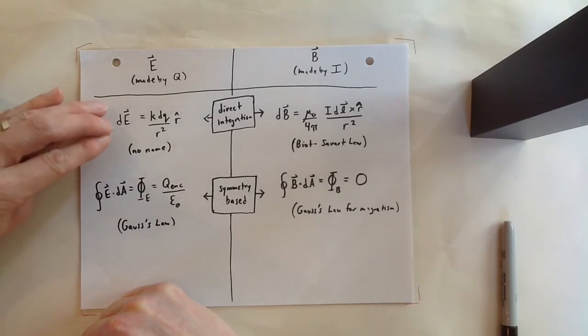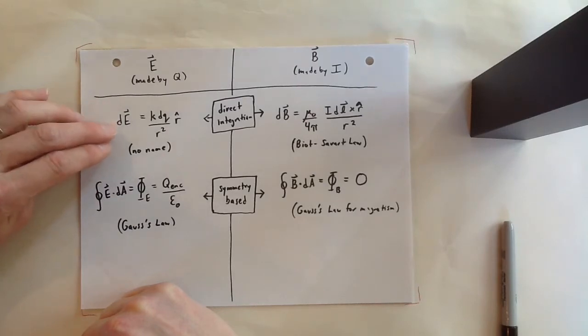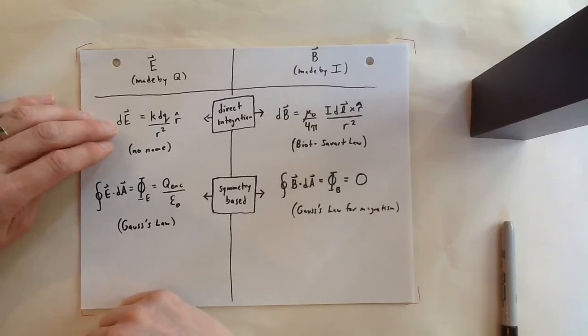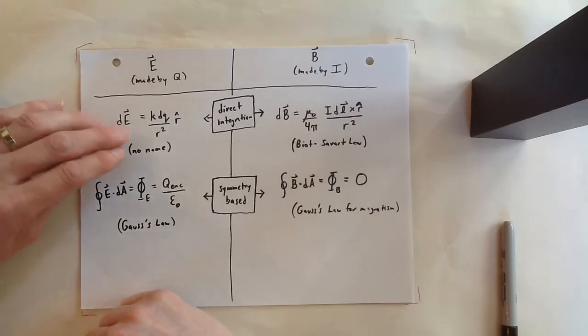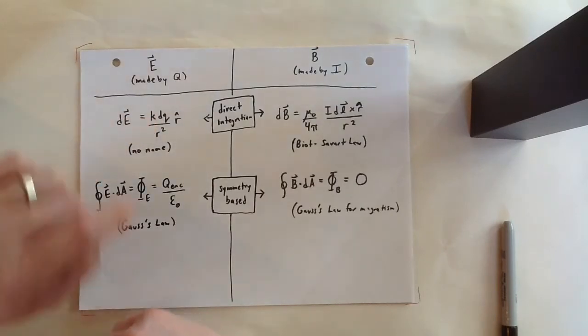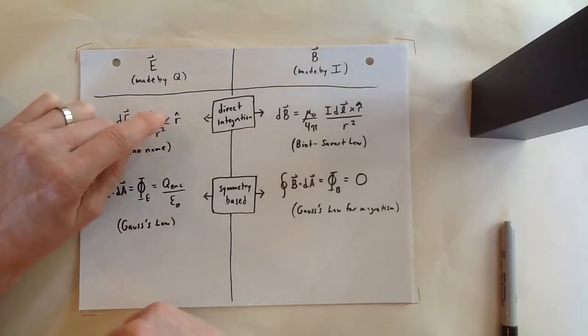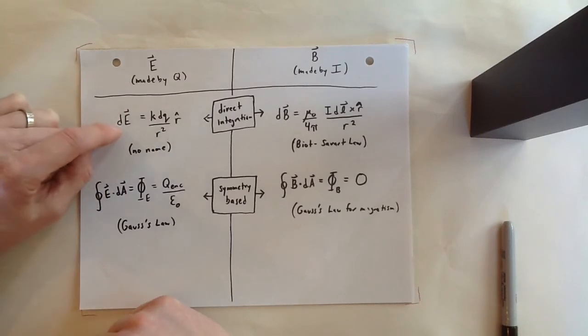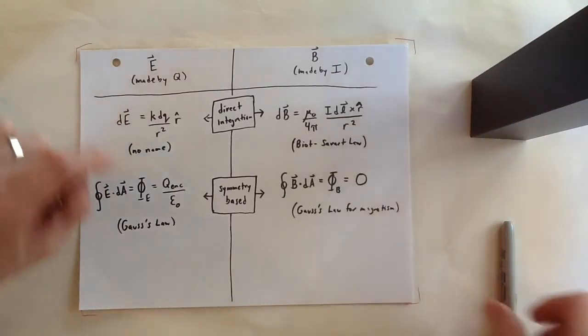So over here you'll probably recognize this. This was the cornerstone of homework number 2, where you were breaking an object into small dqs, and every single one of those can be considered a point charge and contributing a small bit to the electric field dE.